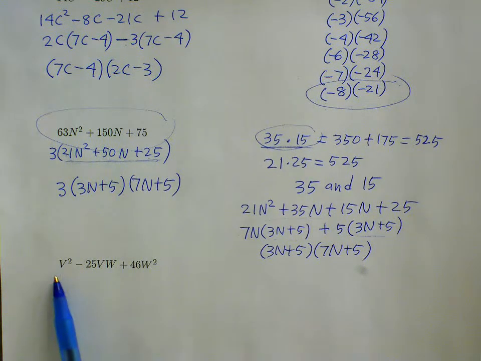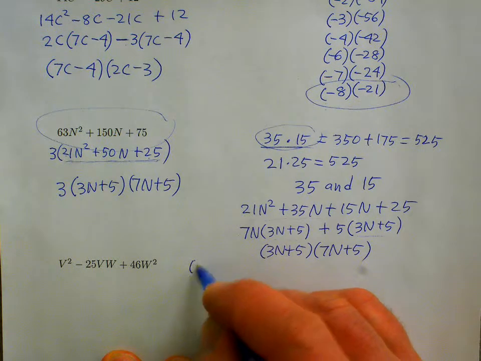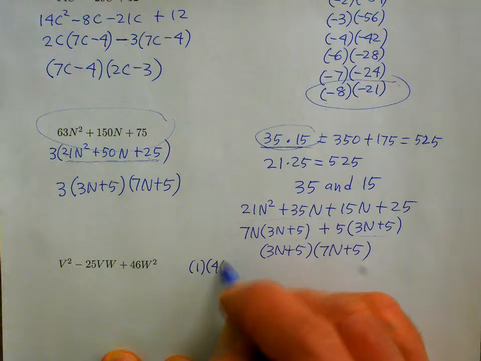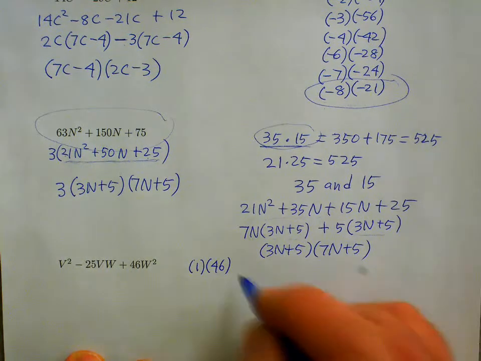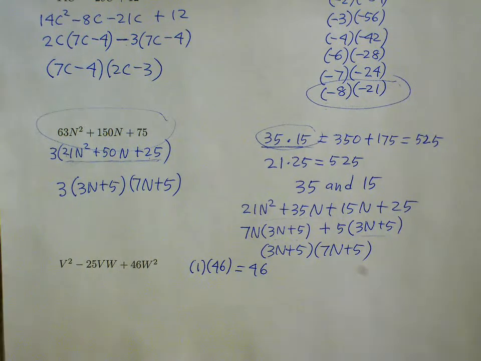Okay, well, the greatest common factor is 1, so we multiply 1 times 46, because 1 is the coefficient of v to the second. And then look for two integers that have a product of positive 46 and a sum of negative 25.